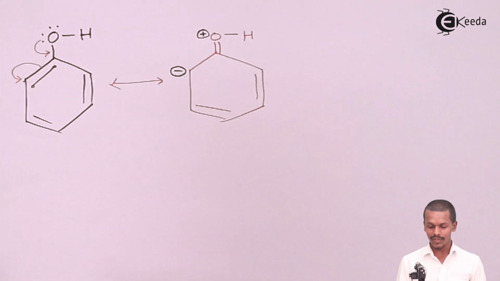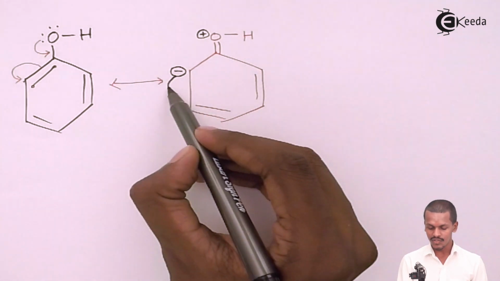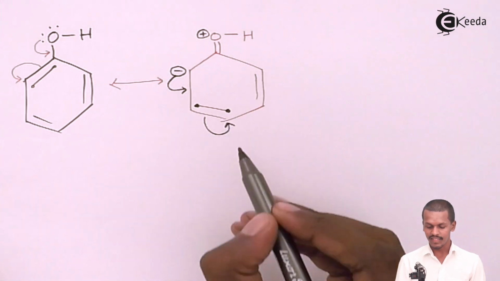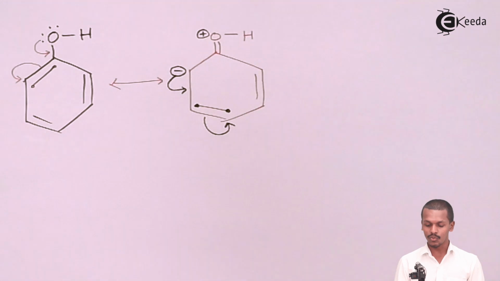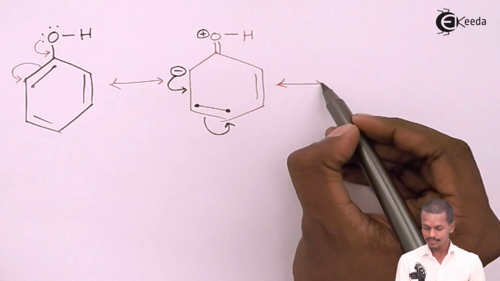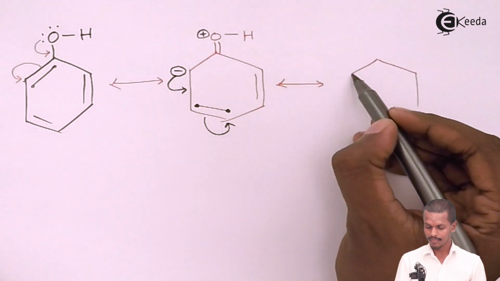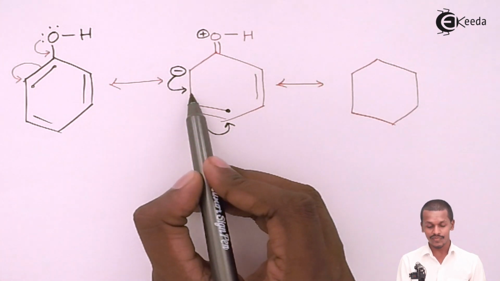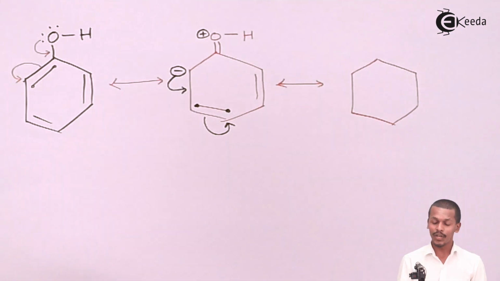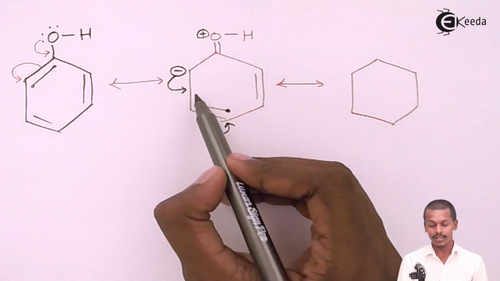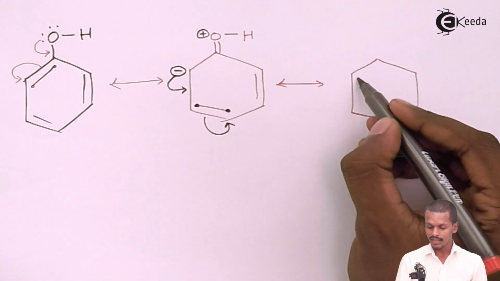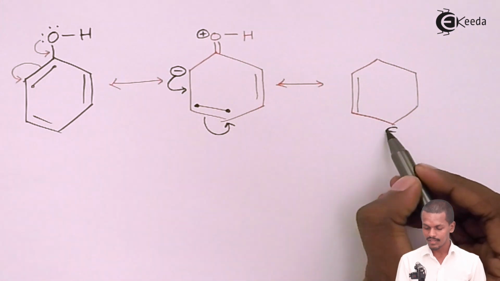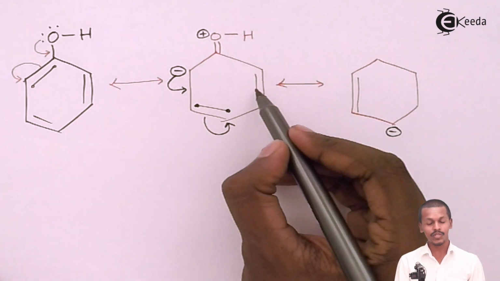Now the double bond would be shifted over this carbon atom, and the pi electrons would be shifted onto this carbon atom, making the resonance structure to be this one. Here the double bond has been shifted, and a lone pair of electrons has been deposited on this carbon atom, making a bond over here, while the negative charge has been obtained here, and this was unaffected.